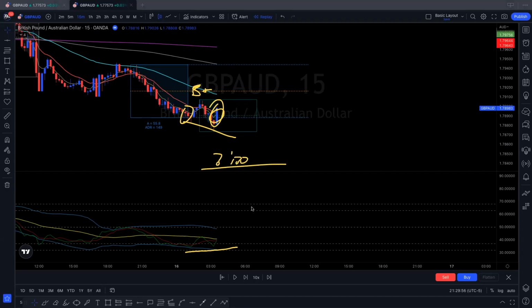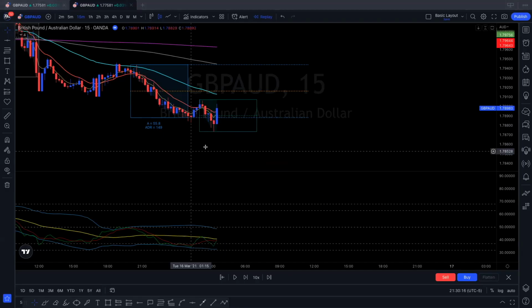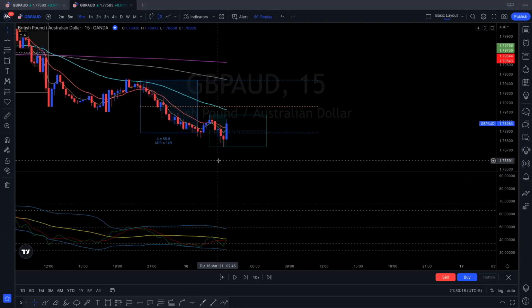So that's good. You have directional bias, right? You have the TDI also doing the same thing. You can use the EMAs as take profits. So you got a lot of stuff here.